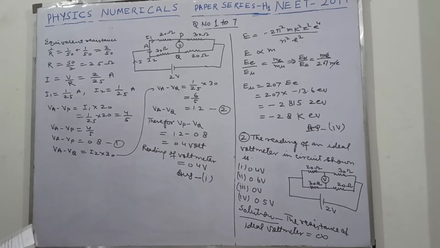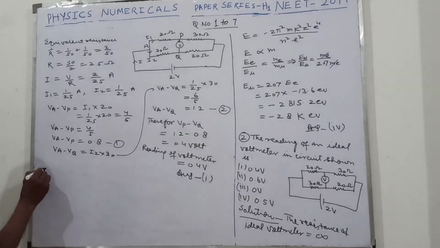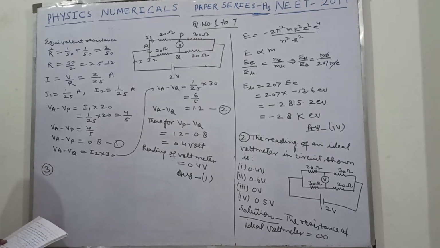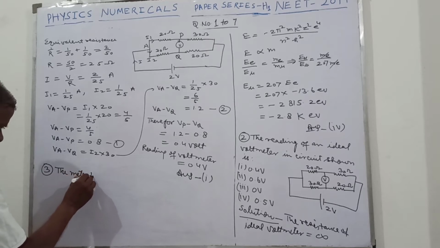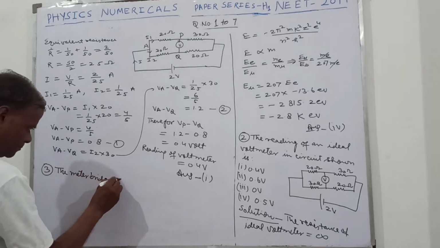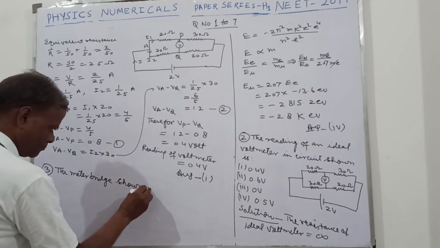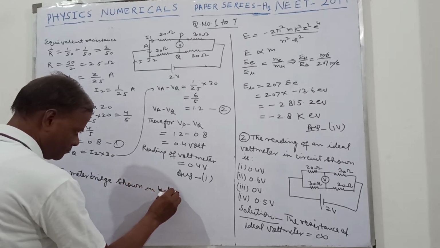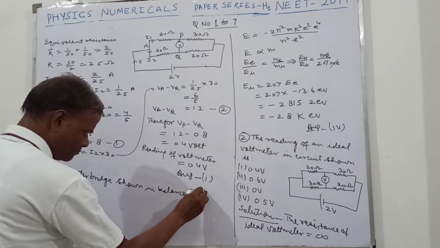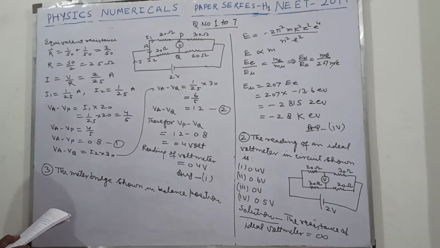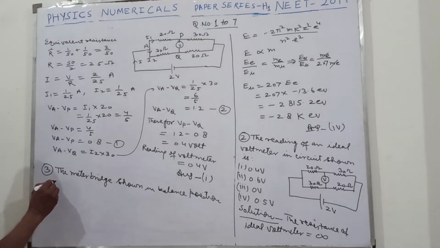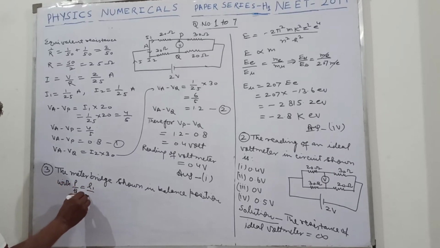Now the third question. A meter bridge is shown in balance position with P upon Q equal to L1 upon L2.